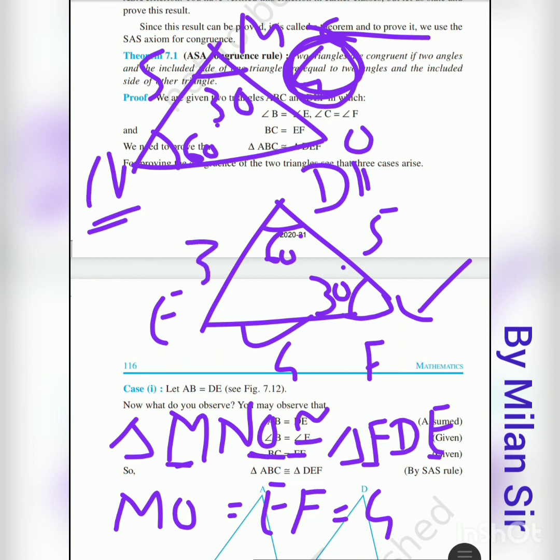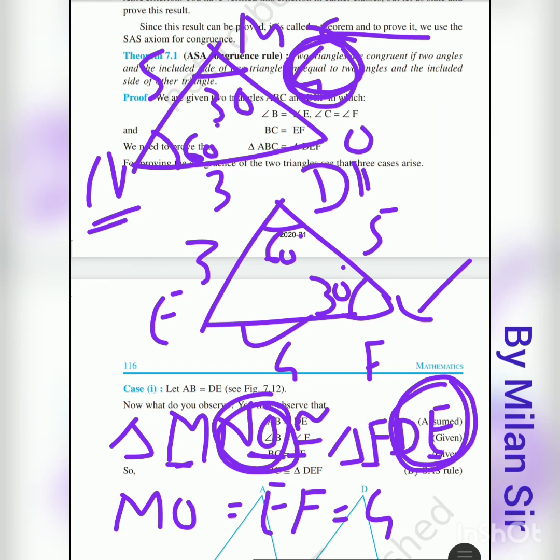Then directly you can find the value of NO, because just think about DE at the second and third position, and NO is even at the second and third position, right? So directly we can say that DE is equal to NO. That means DE is equal to NO is equal to 3 centimeters.